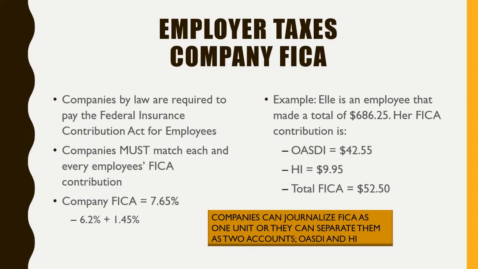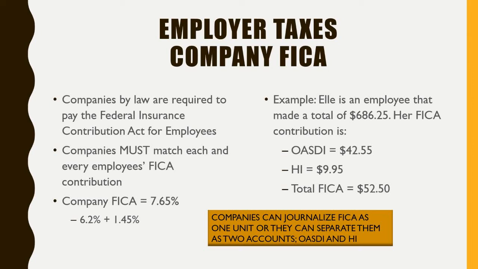That means if they put in money into their Social Security and Medicare, you as a company are also responsible to match them 100%. So again, we talked about how company FICA works: if they put in X amount of dollars in there, you have to match them. So in this case, for the example here, it's going to be based on every individual person, because every individual person has their different earnings, right?